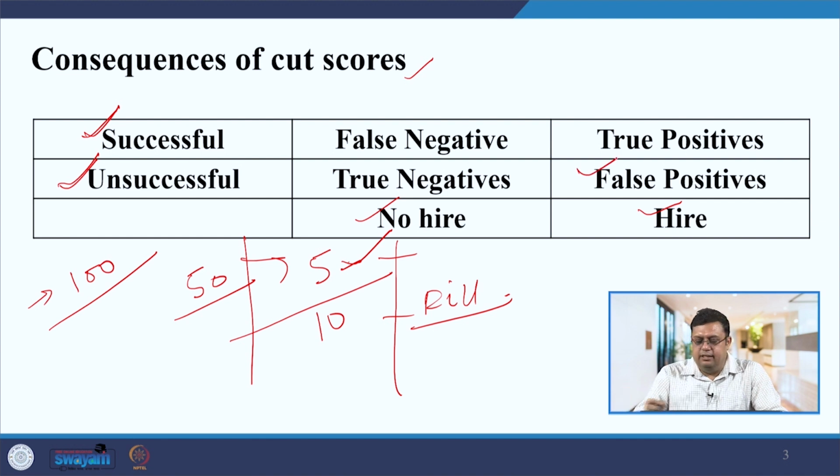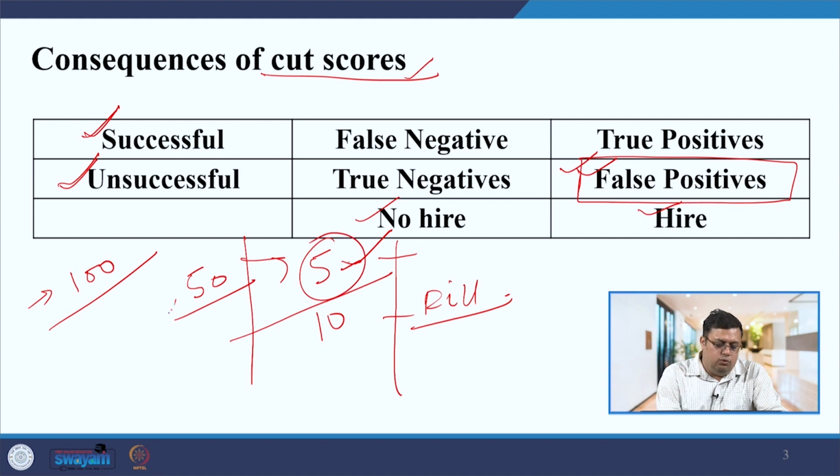So, the first category you will get here is the false positive, if you reduce the cut score. The 5 candidates we discussed who scored above 50 will come under this category, successful and hired as per the cutoff that was decided.